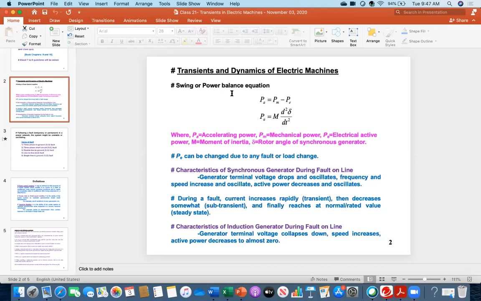Now, what we will be discussing, let me take you to the whiteboard for a moment. For example, this is the synchronous generator, SG.